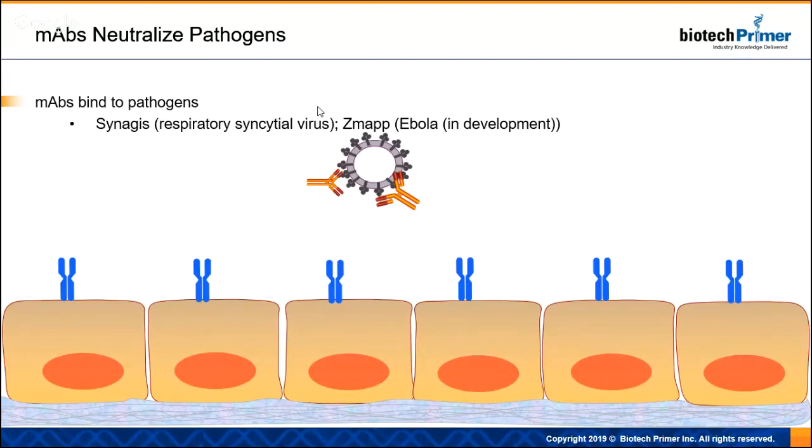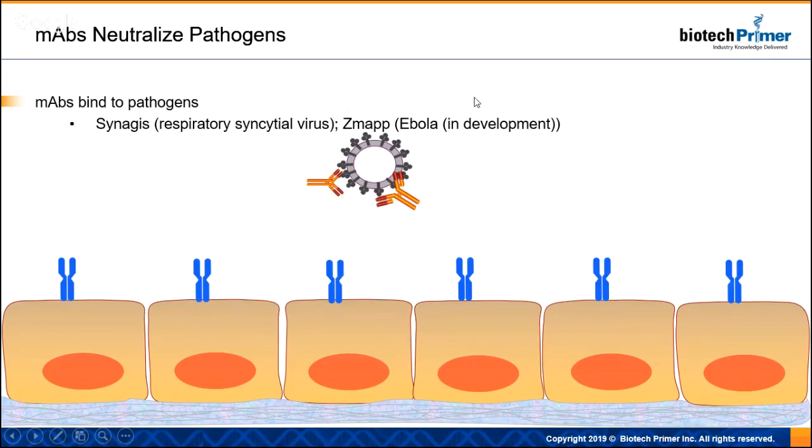However, for premature infants or infants with other underlying health conditions, this can be life-threatening. And so they are prophylactically given Synagis, which binds the surface protein on respiratory syncytial virus and blocks the interaction of that protein with the receptor on lung cells.